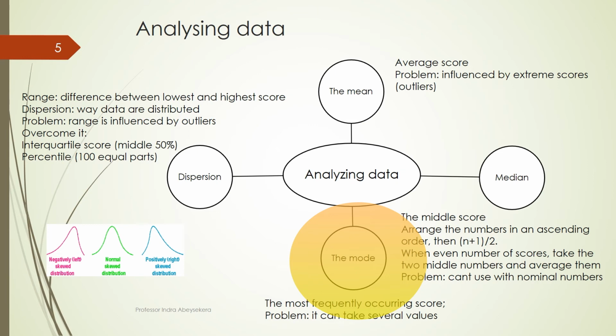Sometimes there's no normal distribution of the population, and if it has several peaks, then we can have more than one mode, frequently occurring scores. Now the average or mean, median, and mode are all computations.